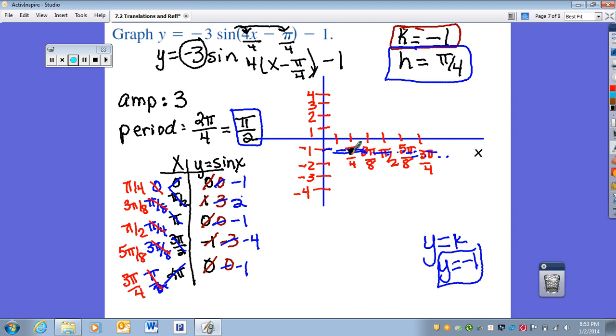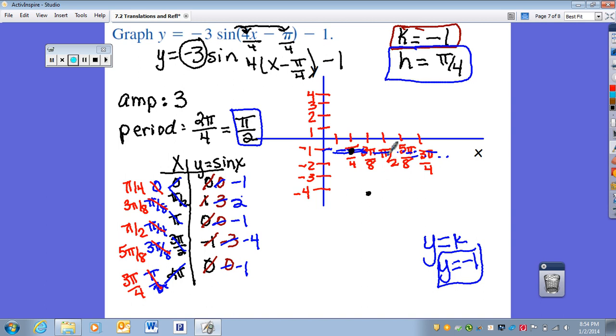Okay? Then at 3 pi over 8, we are supposed to go up to 2, which is 3 units above. However, because we want to reflect that, we're actually going to go 3 units below, and we're going to go down to negative 4.